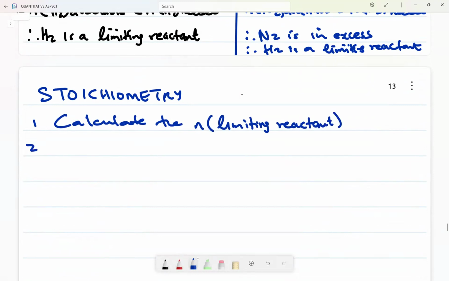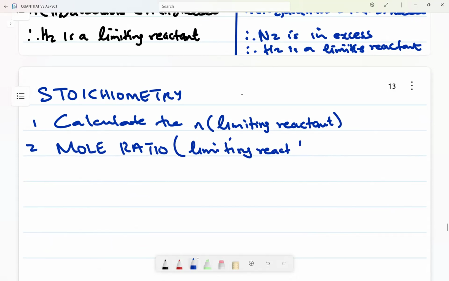Then the second step, you use the mole ratio between the limiting reactant as well as the one that is unknown. The one that they're asking you. Okay. Then number 3, calculate the unknown.